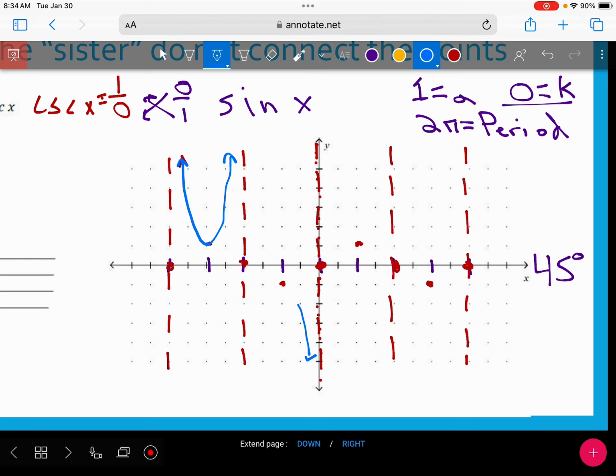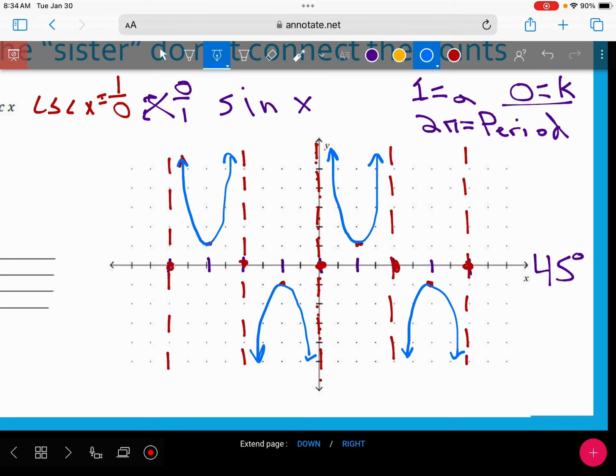And then it just flips for the bottom points. And then from there, once you have a top and bottom, it just repeats. And there it is. The blue represents a graph of cosecant of x.